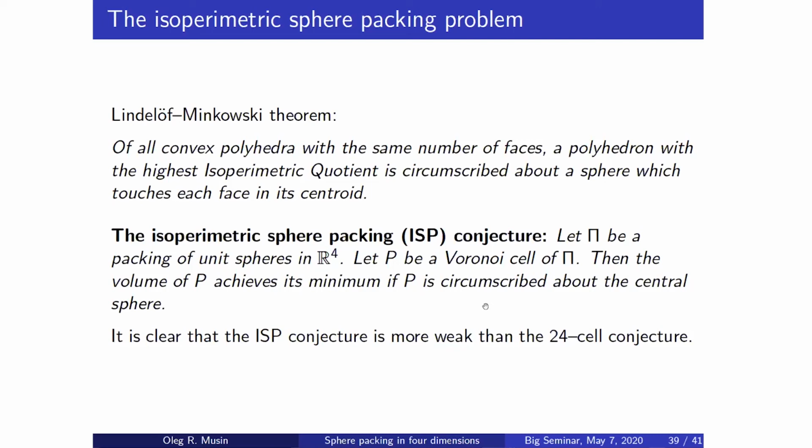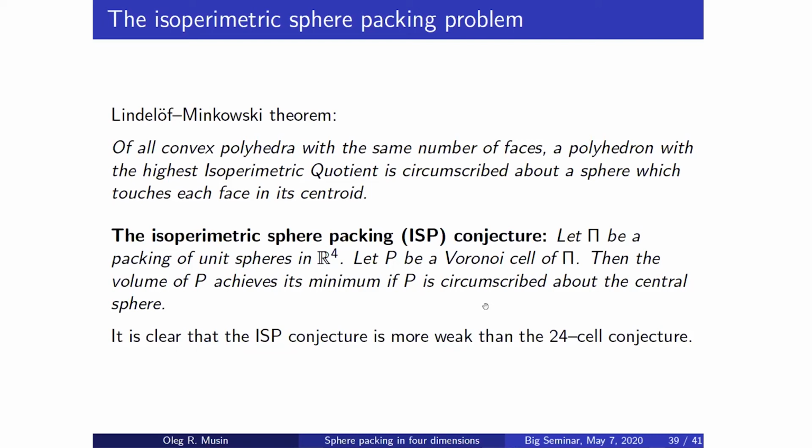That means the same sort of Lindelöf-Minkowski theorem with one constraint: we cannot do any moving because we have the constraint that these are unit spheres, which cannot overlap. Right. But of course it is a big difference. From one side, the Lindelöf-Minkowski theorem is about trying to move vertices, but in this case you cannot do everything.